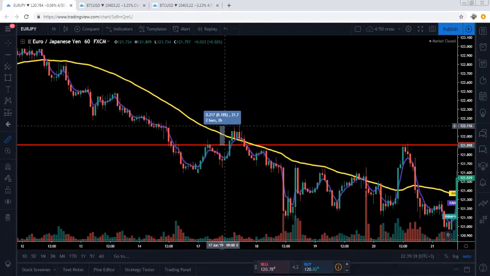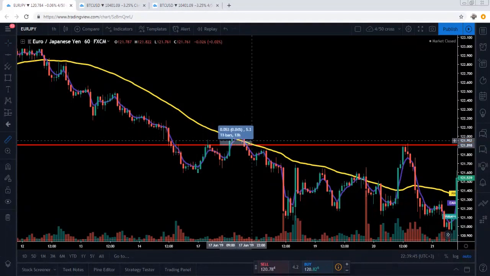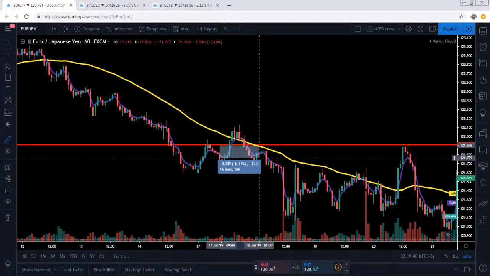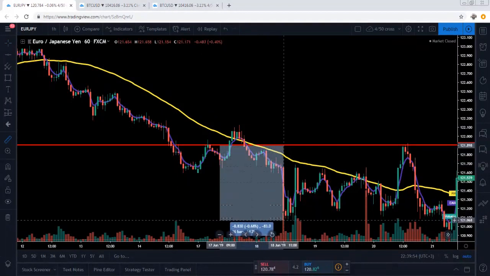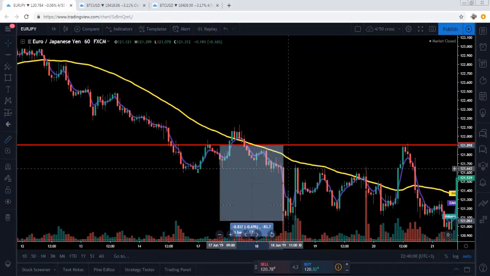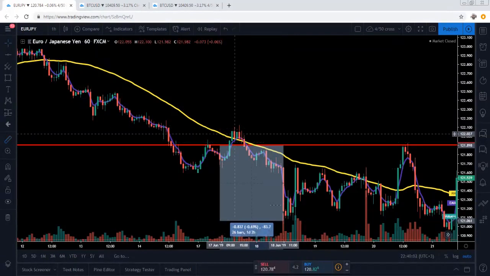You had a pullback of 21 pips, so you still would have been in this trade. And this is for regular pairs. These parameters are for regular pairs. But then look at the drop. 83. So for those who need a stop loss, 30 pips.